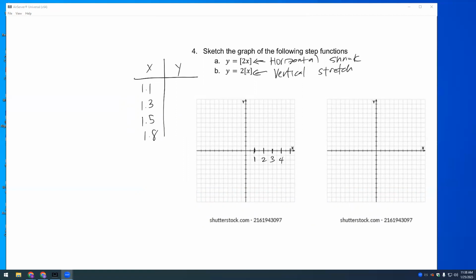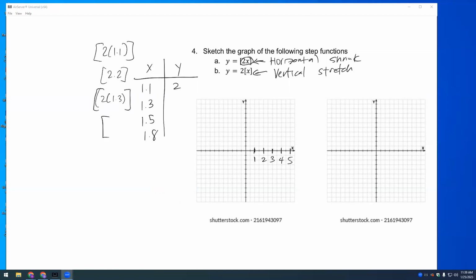If I plug in 1.1 into this, so 2 times 1.1, that's what? 2.2, round down is 2, right? If I plug in 2 times 1.3, what happens?